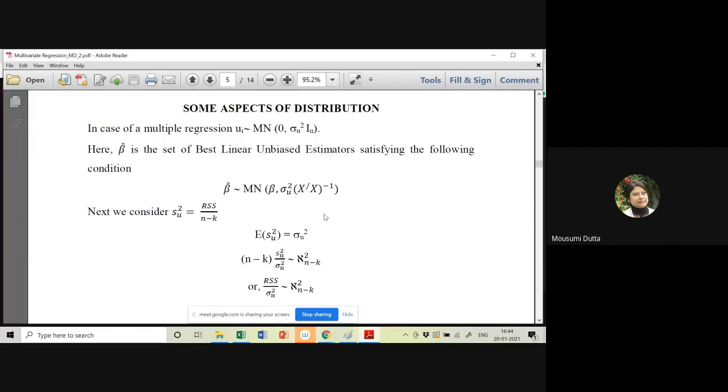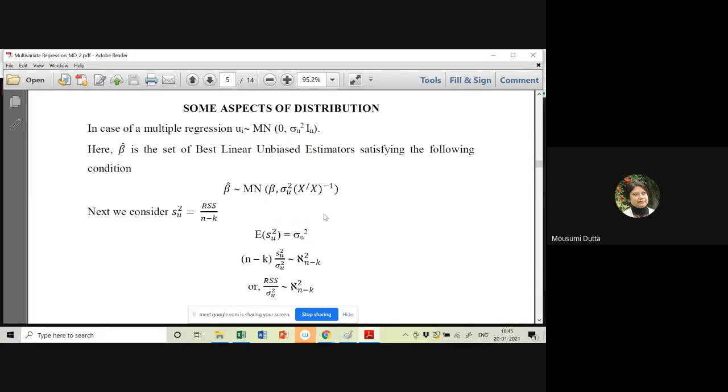All the diagonal elements are constant, given by sigma u square, which indicates homoscedasticity. All the off-diagonal terms are equal to 0. So you can take sigma u square common, and you get sigma u square multiplied by the identity matrix. So we get a spherical variance covariance matrix, or spherical dispersion matrix, for the error term.